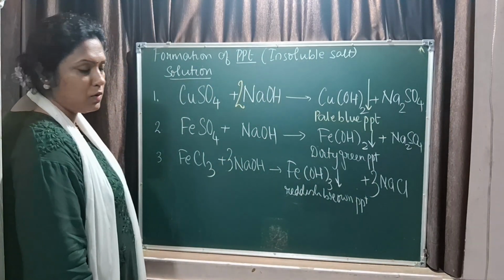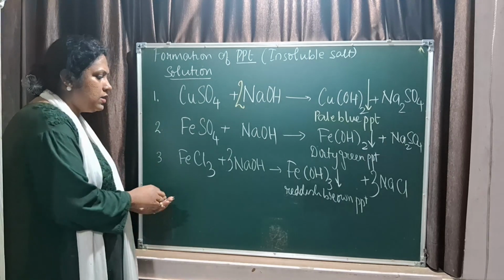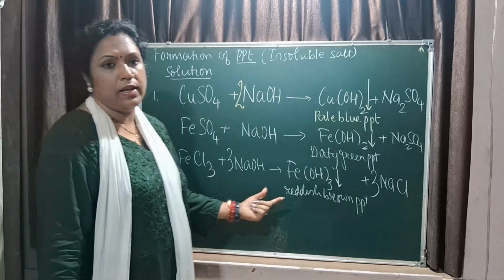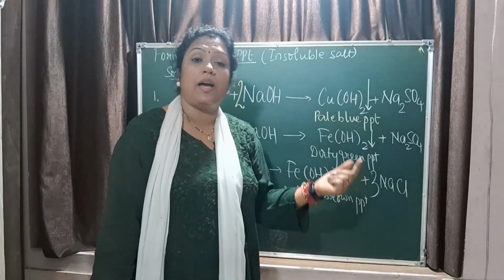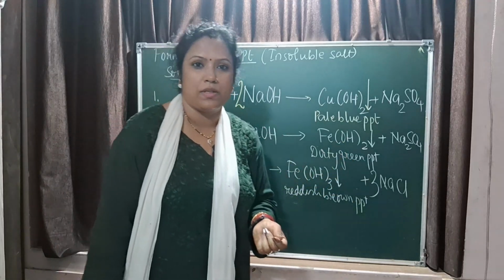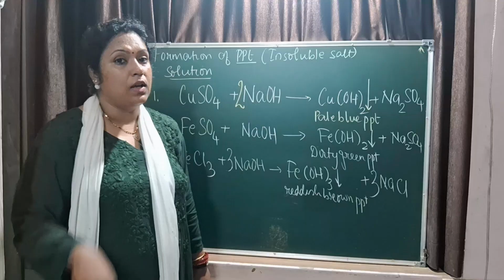This is reddish brown precipitate. Similarly, zinc hydroxide, gelatinous precipitate, calcium milky white precipitate, and lead will give you chalky precipitate, a chalky white precipitate. How do you remember?